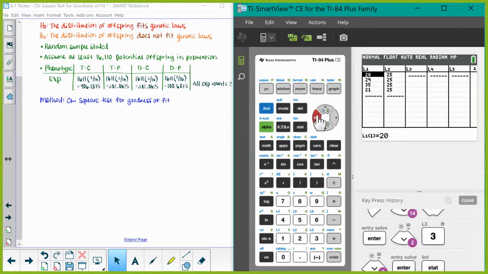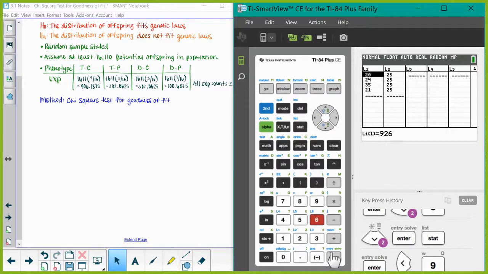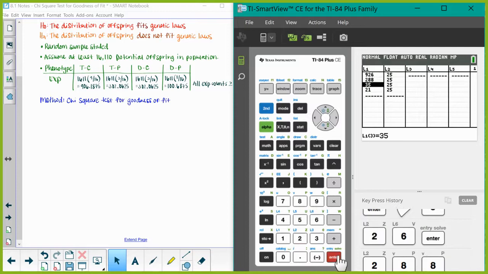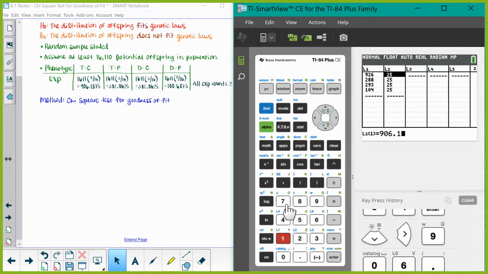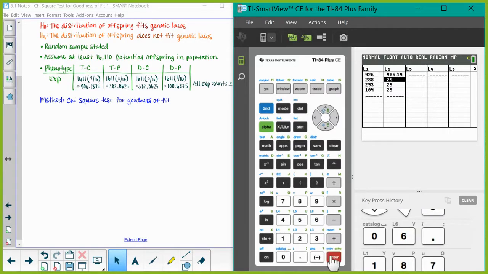I'm going to do my observed: 926, 288, 293, and 104. And I'm going to do my expected. So we said 906.1875, 302.0625.